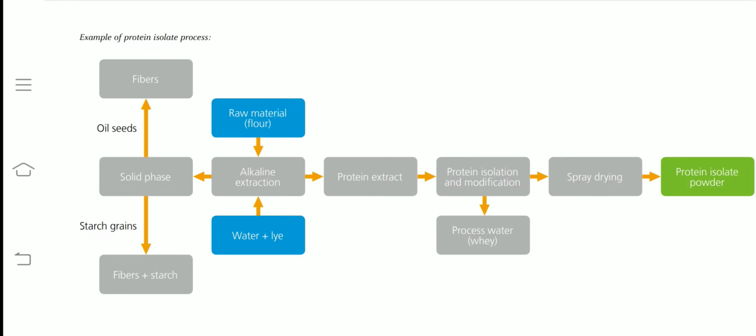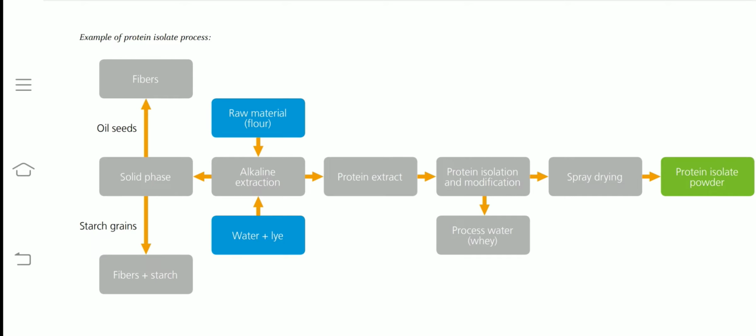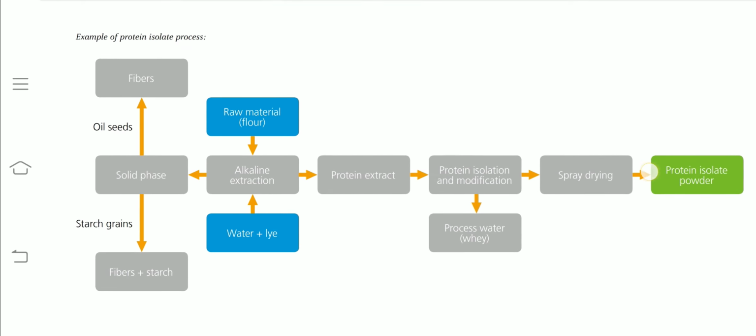We have seen this in the flow chart. Now, after getting the protein extract, protein isolation and modification will be done by a chemical process, in which whey will be separated, and then spray drying will be done and protein isolate powder will be prepared.